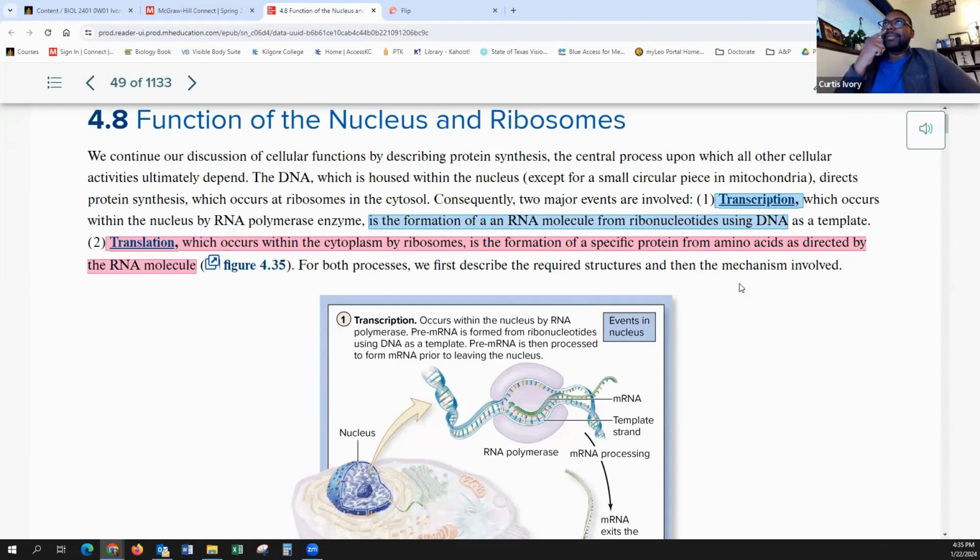So let's say your DNA holds all the recipes to your body, but we only want to make a toenail. We have to flip all these pages to get to this one recipe just to make the toenail, right? Think about the DNA being a book inside the library, but you can't take the book out of the library.